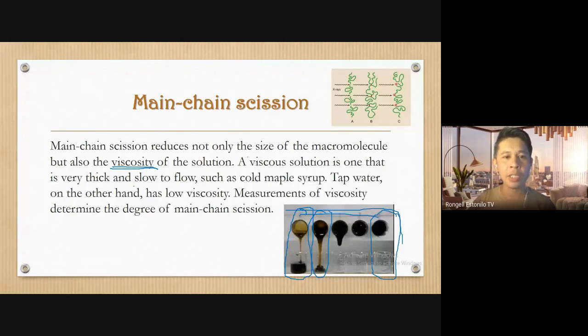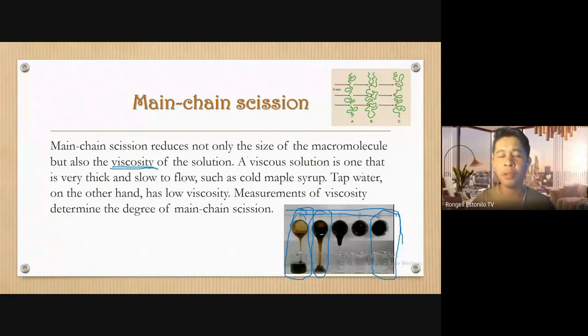So the thicker it is, the more the solution sticks. So the more viscous it is. Main chain scission reduces not only the size but also the characteristic. For example, a molecule that is thick, when irradiated, becomes easy to flow.